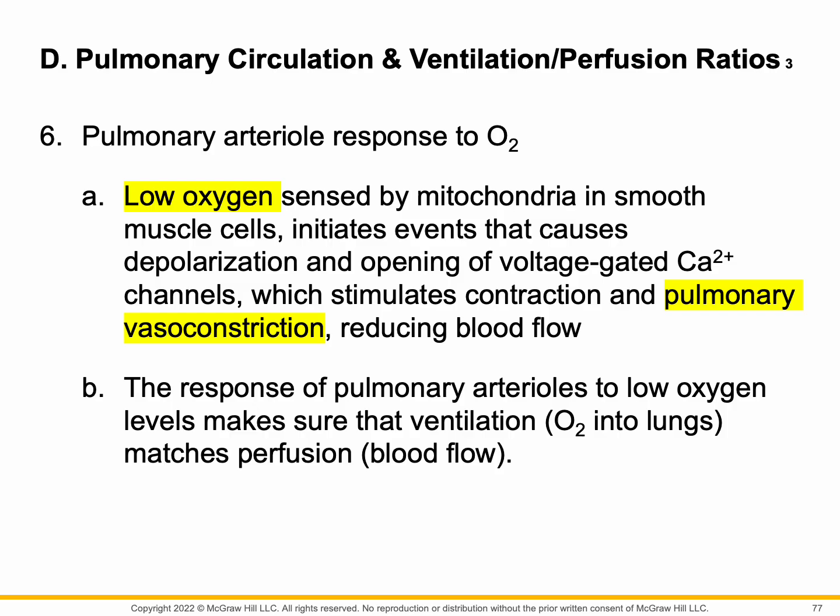So if you have a low oxygen level sensed, there will be pulmonary vasoconstriction that lowers blood flow, right? The response of pulmonary arterioles to low oxygen levels makes sure that ventilation, oxygen into the lungs, matches perfusion, the amount of blood flowing through there.